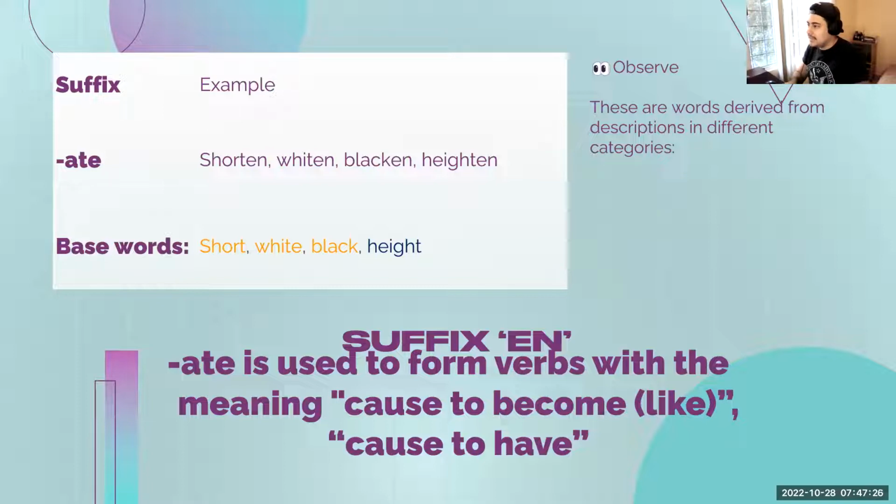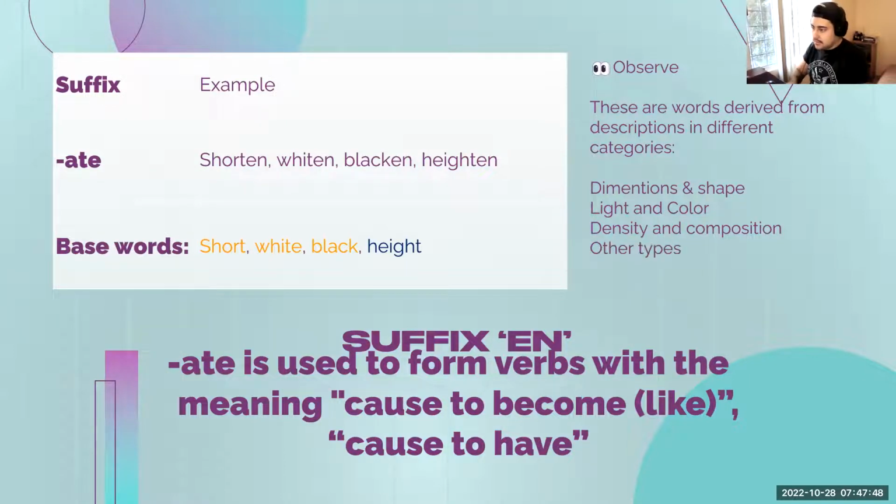Such as dimensions and shape, light and color, density and composition, and other types of physical. Yeah, we are representing physical change with the suffix n.